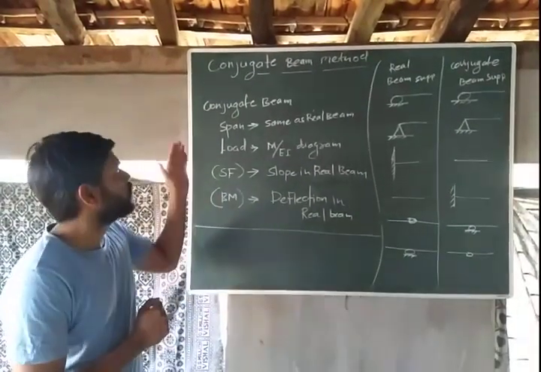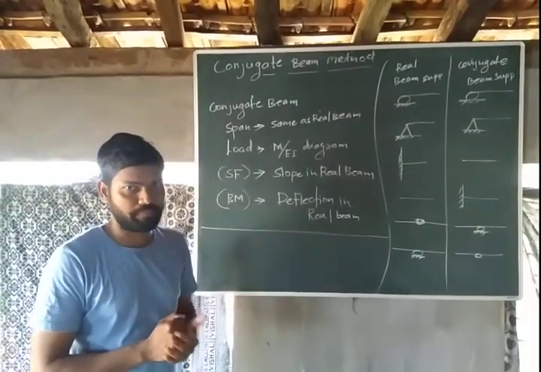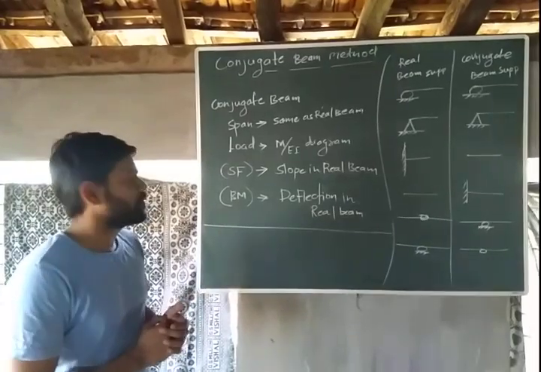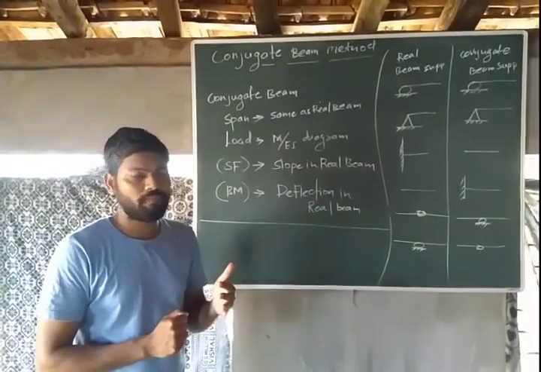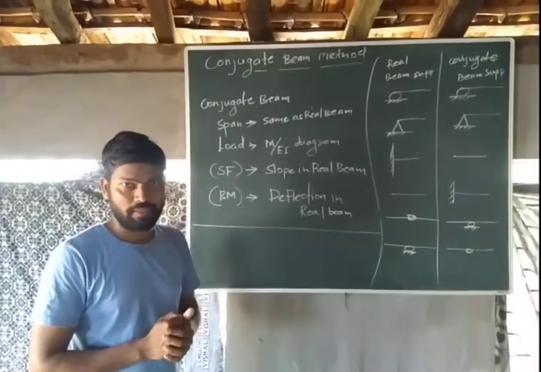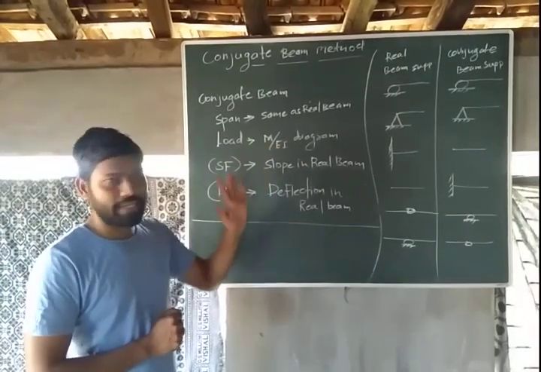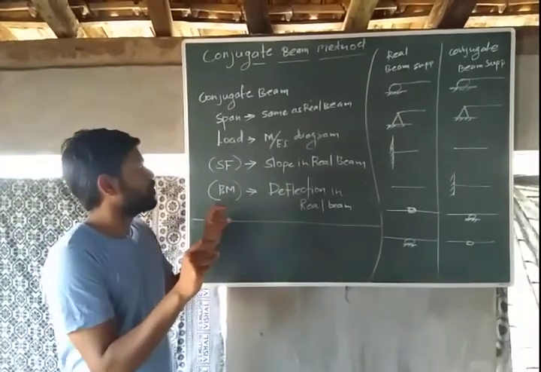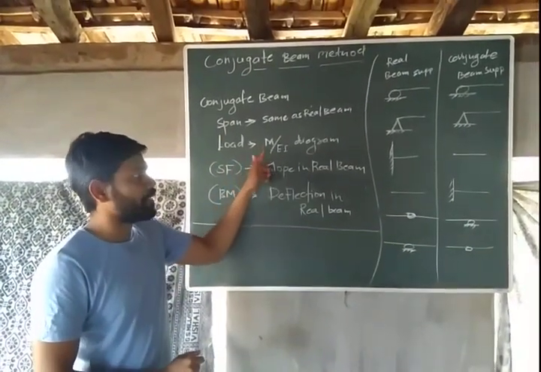Before we study the conjugate beam method, we should know what is meant by conjugate beam. So what is a conjugate beam? A conjugate beam is an imaginary beam with span the same as that of the original span. Load will be the M upon EI diagram.